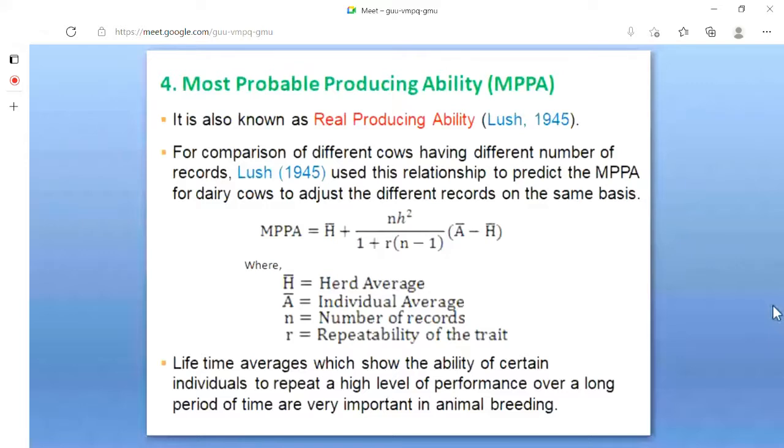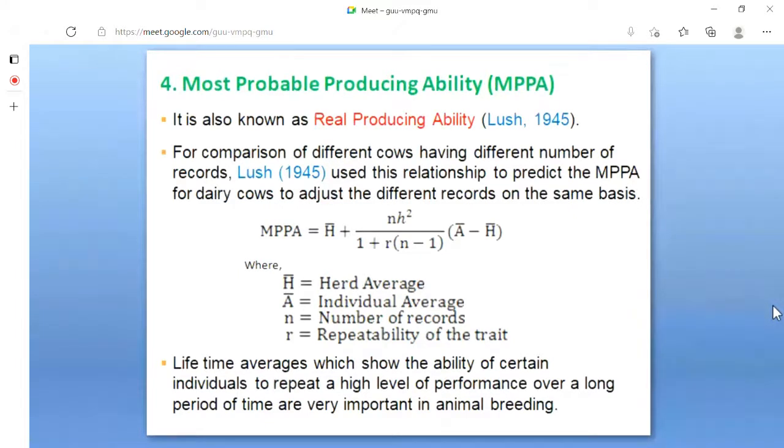For comparison of different cows having different numbers of records, J.L. Lewis used this relation to predict the most probable producing ability for dairy cows, to adjust the different records on the same basis. This is the formula for the most probable producing ability, MPPA.